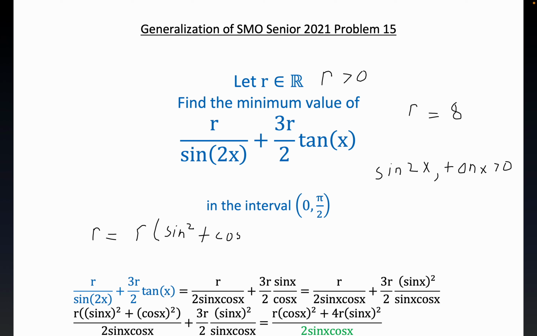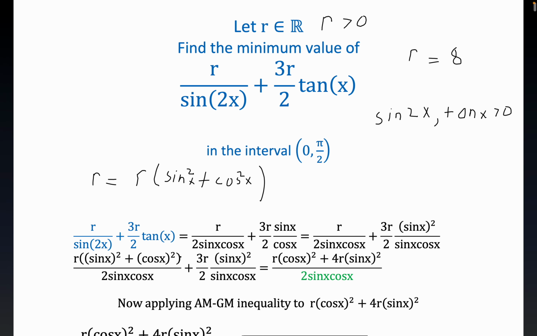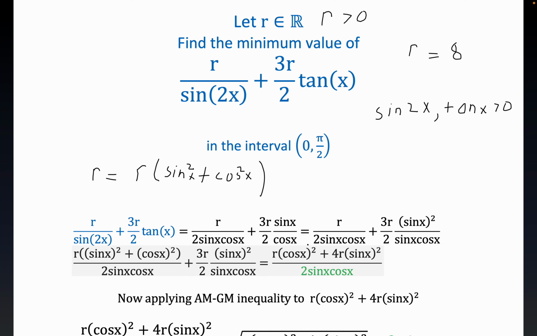And again, that's going to come into play. Folks, sine squared x plus cosine squared x is identically equal to 1 for all real x. And so that's what we do on this very next line. Notice that we had 3r sine squared x.